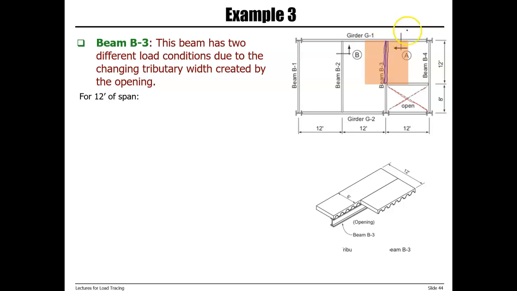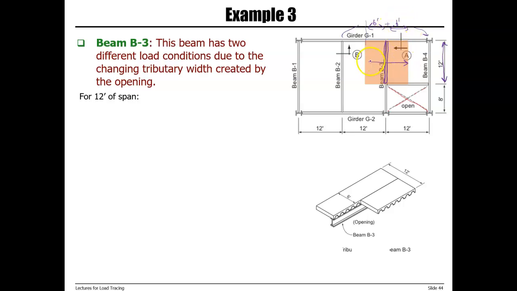we have two adjacent members. Load is coming or transferred from the area on the right side and on the left side to beam B3. So for the purple section, the 12 feet section, tributary width is 6 feet on the left side plus 6 feet on the right side.